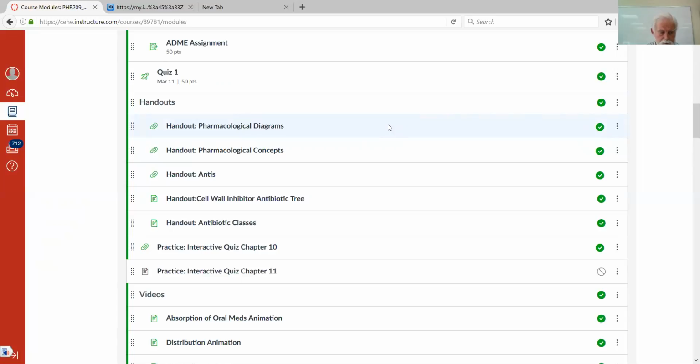In terms of antibiotics, as opposed to antivirals or most antifungals, antibiotics are some of the few drugs that actually get to the root cause of the problem.